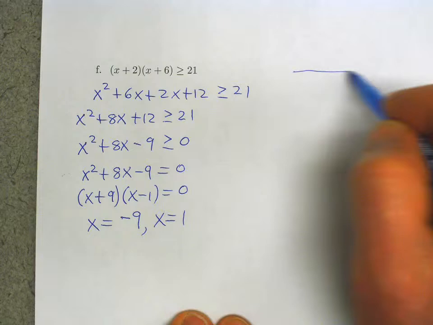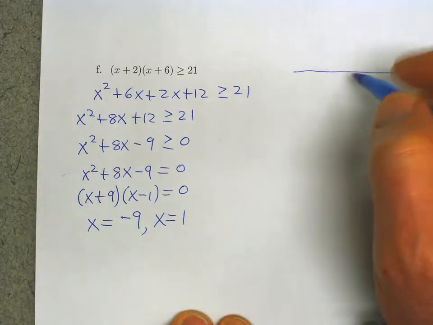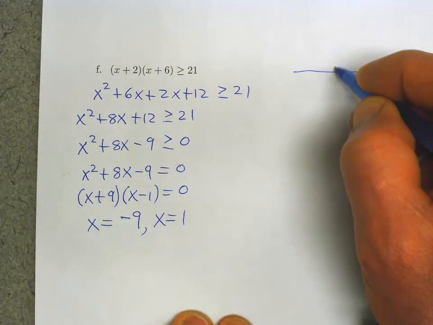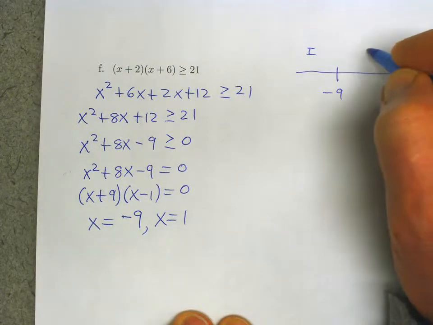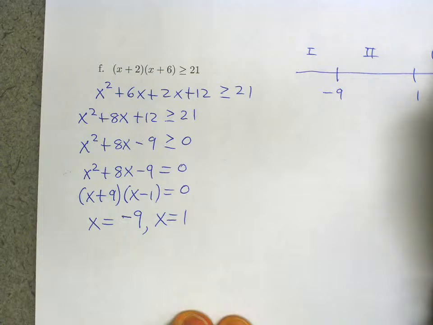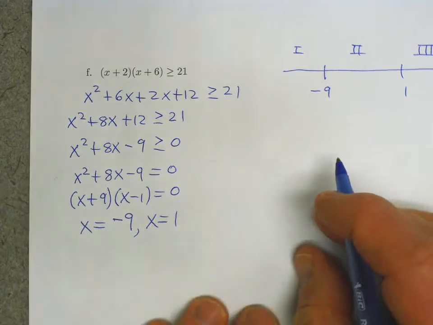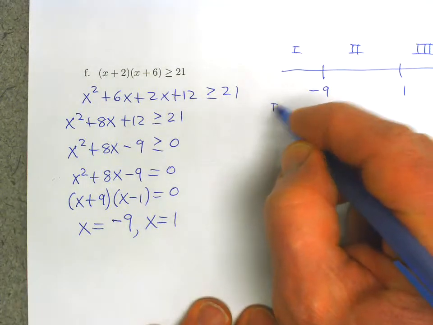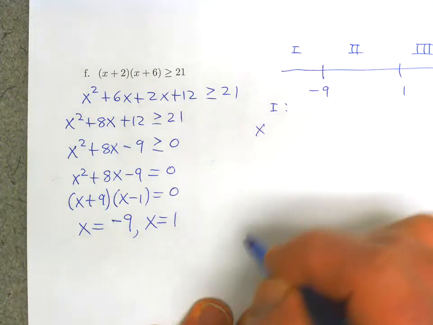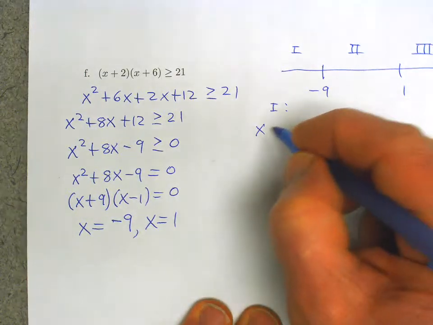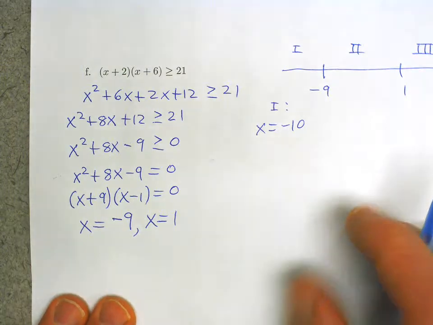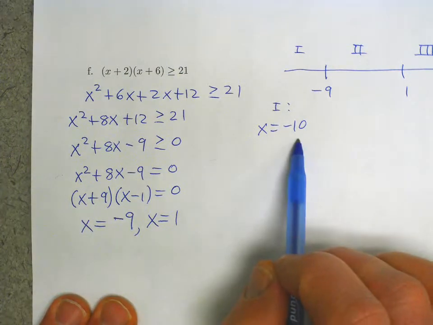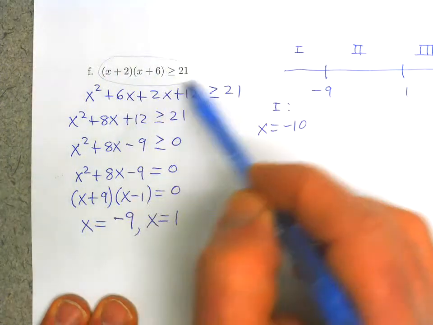So this is kind of like the one we just did. We have integers for endpoints. 3 intervals to test. On the left, pick any number you want that's less than -9. So I'll pick -10. And let's use the original inequality.